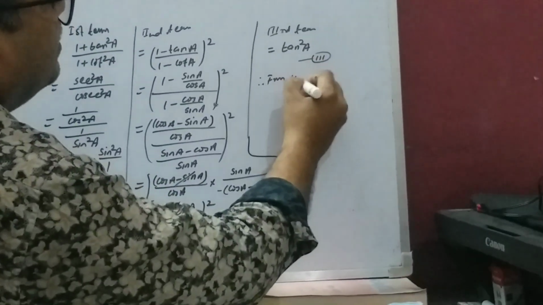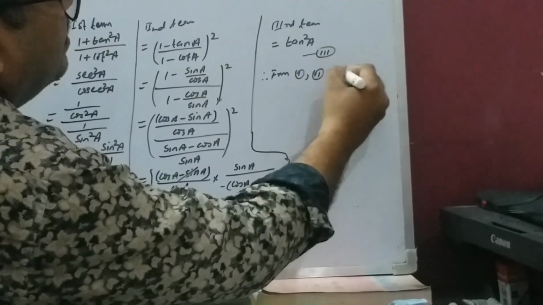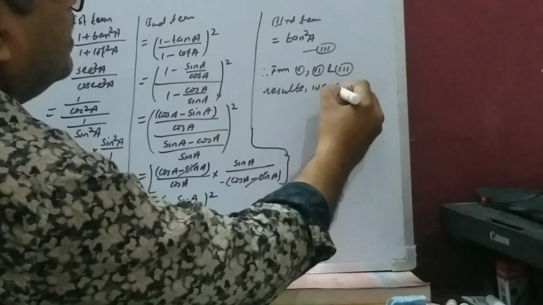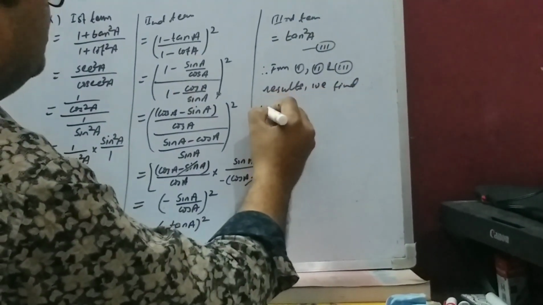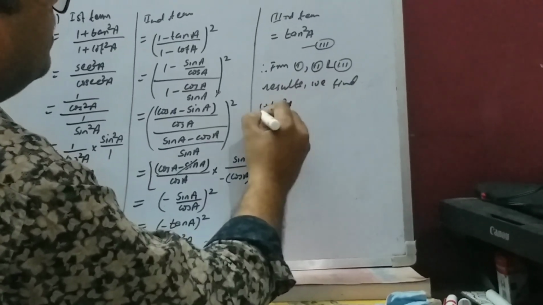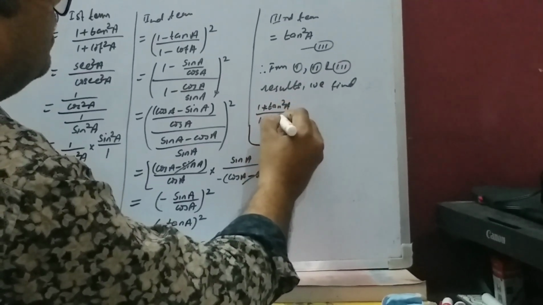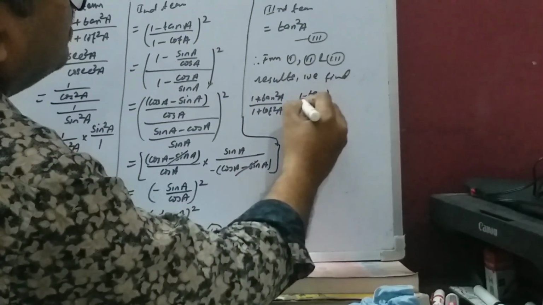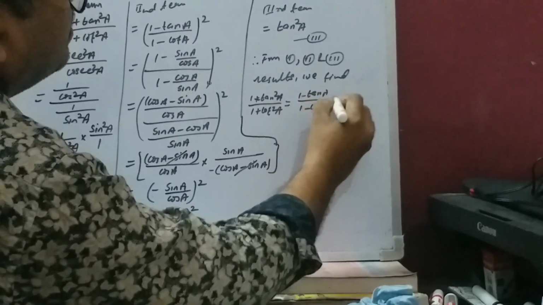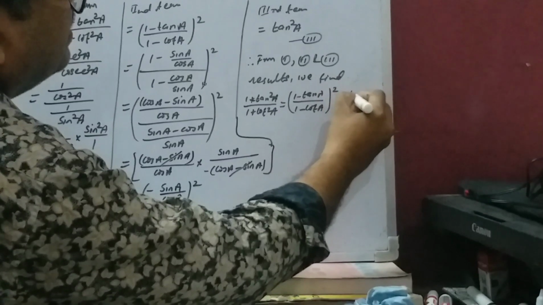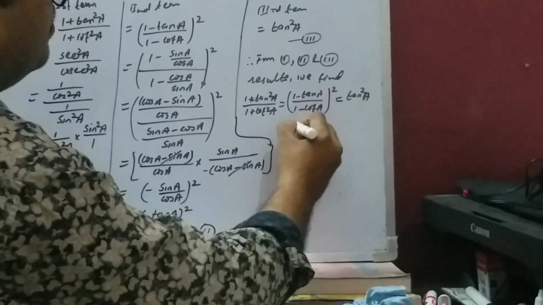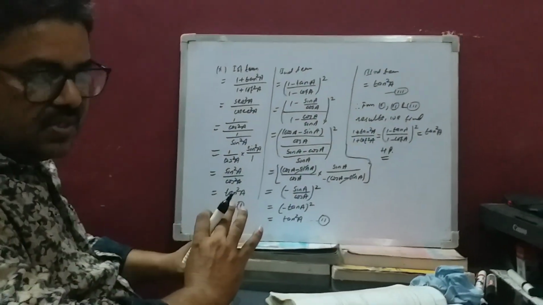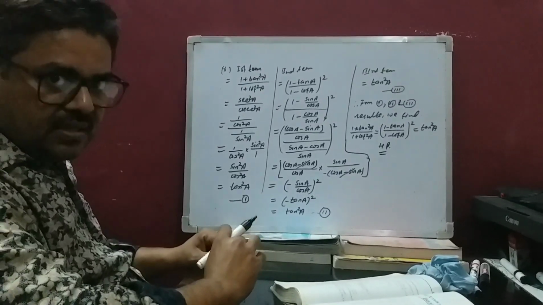So from first, second and third results we find (1 plus tan square A)(1 plus cot square A) equal to (1 minus tan A)(1 minus cot A) the whole square equal to tan square A. Hence proved. And this is the most appropriate way of solving this question. Thank you. This is the end of my today's video.